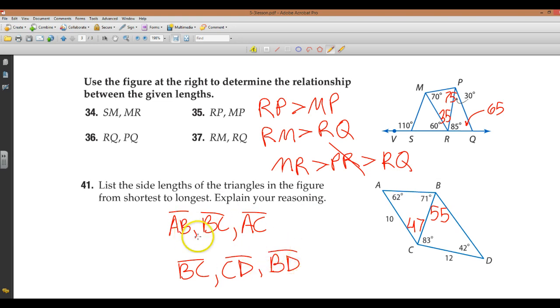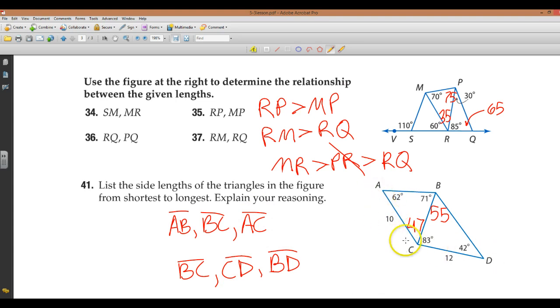So now we have to put these together. We have AB is less than BC is less than AC, and then we have BC is less than CD is less than BD. So the conflict here is BC is less than AC and BC is less than CD. But we don't know about AC and CD, what order to put those in. So we look here and we notice that we have some lengths.